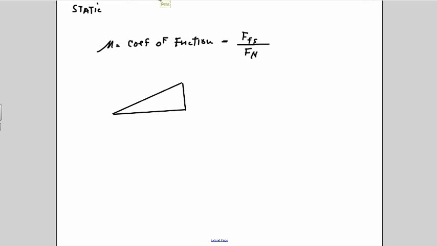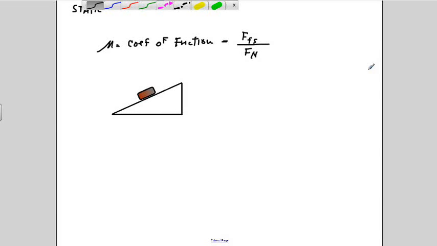I'm going to say this is going to be 20 degrees over here. So I've drawn this ramp, and we're going to put some values on this thing. We're going to say that the angle of the ramp right here is 20 degrees.